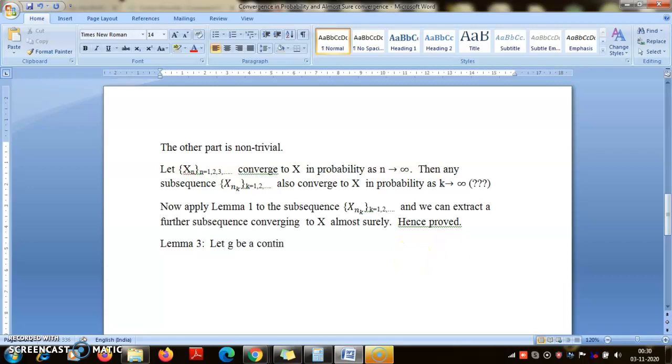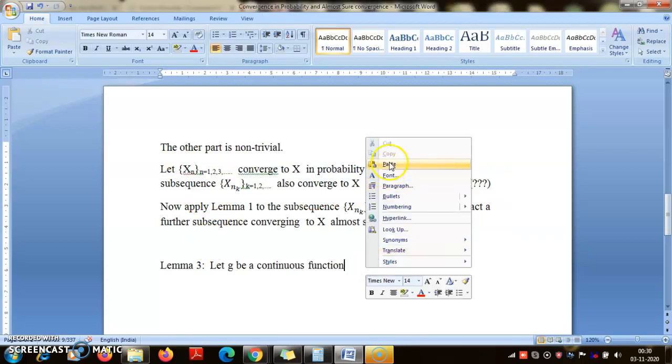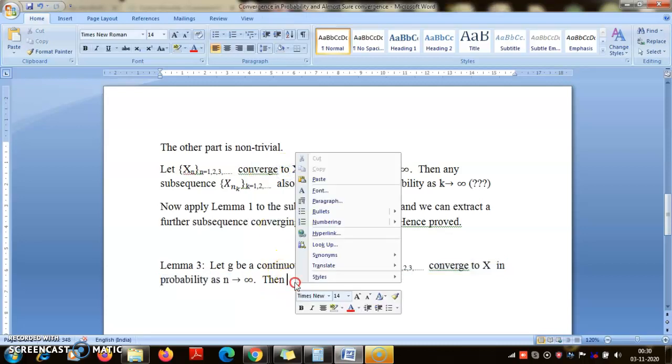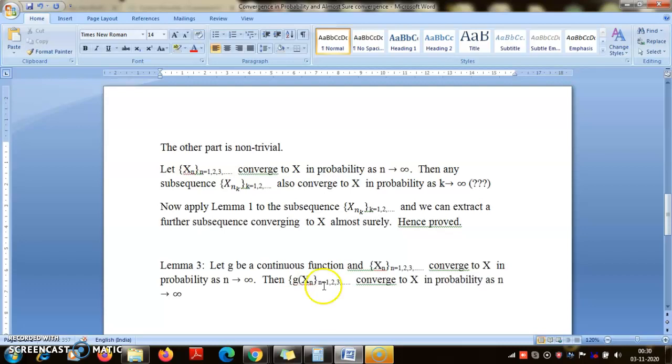If x_n converges to x, then g(x_n) converges to g(x).